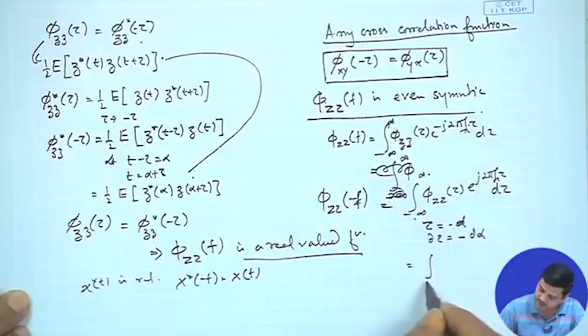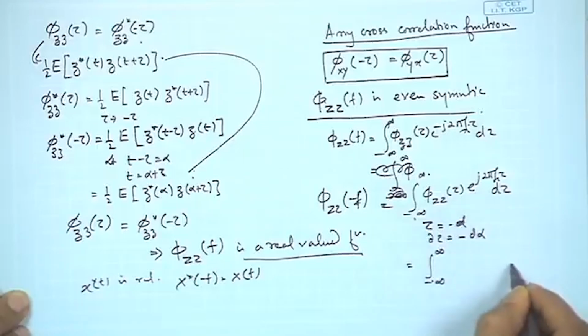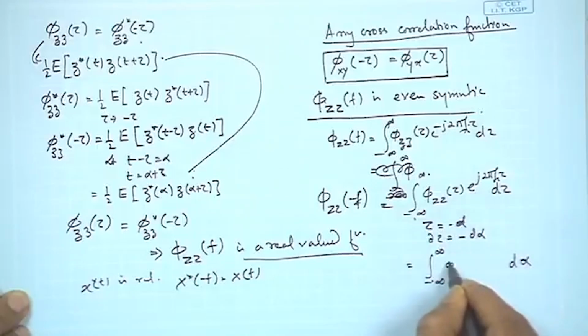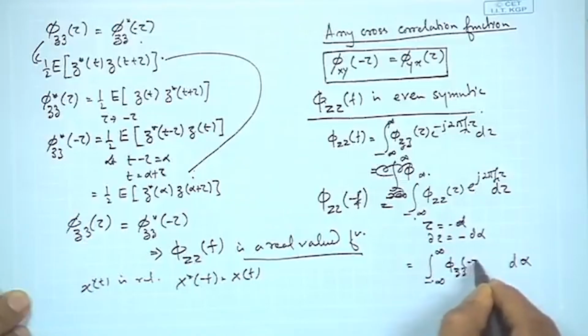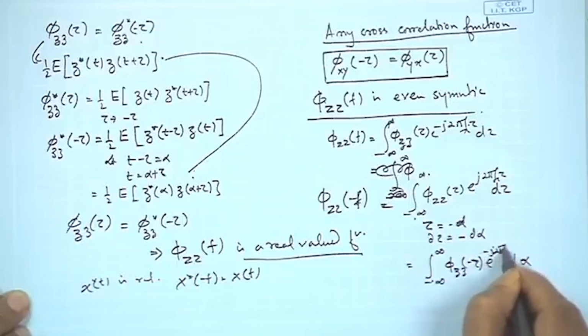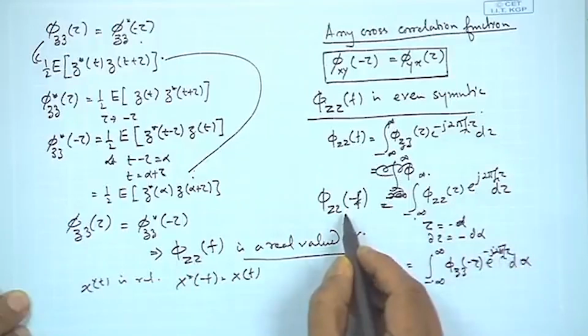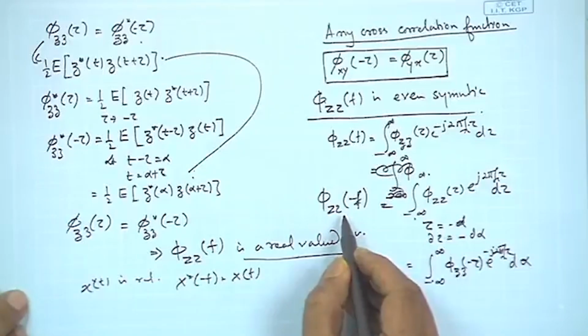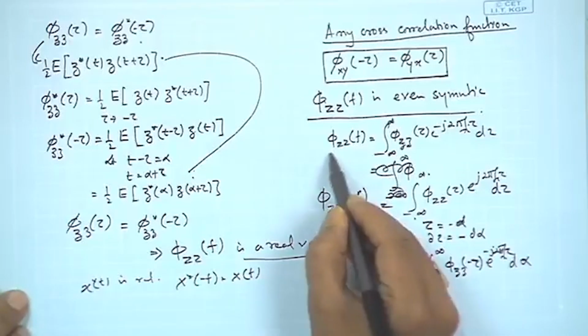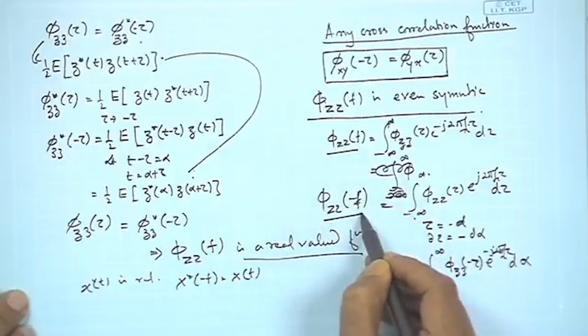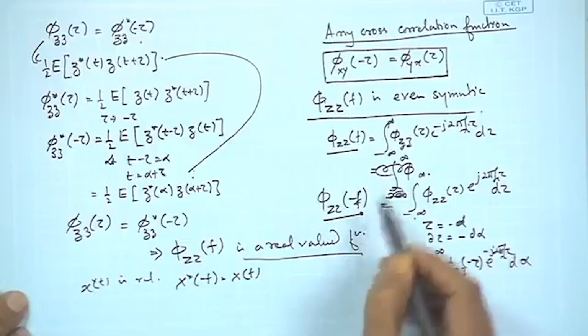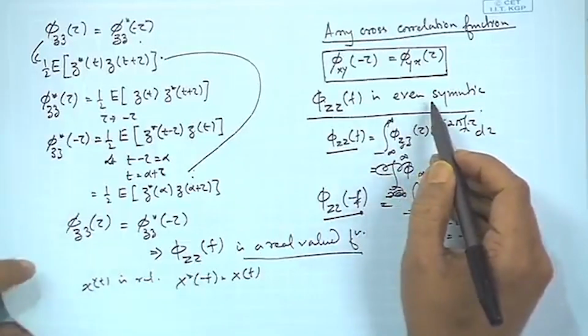So you are going to get the integral from minus infinity to infinity, d tau can be replaced by d alpha, and there you are going to get phi zz of minus tau e to the power of minus j 2 pi f tau, which is equal to this. So through this we could establish that phi zz of f is equal to phi zz of minus f, that means it is an even symmetric function.